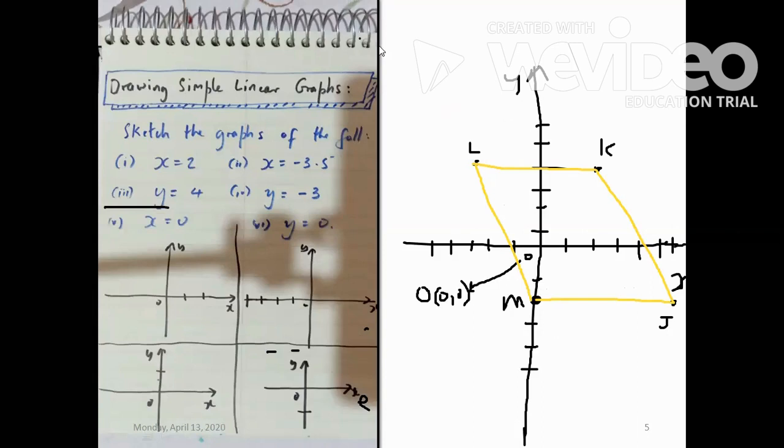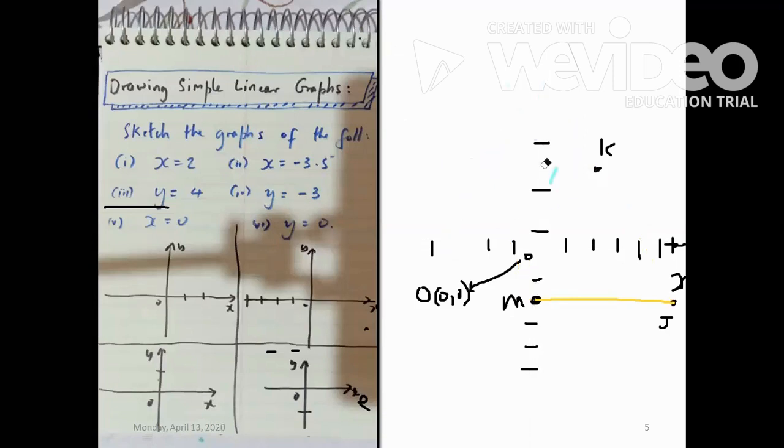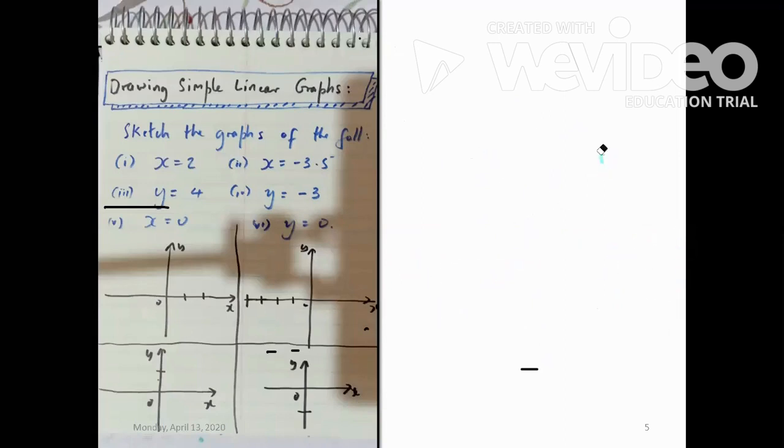All right, so we're going to look at how to draw a simple linear graph. All right, that is very simple. So it says sketch the graph of the following. Sketch a graph of x equal to 2.